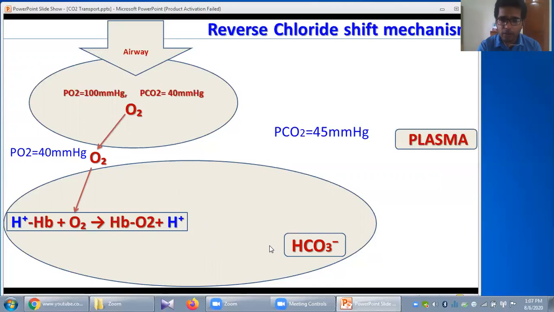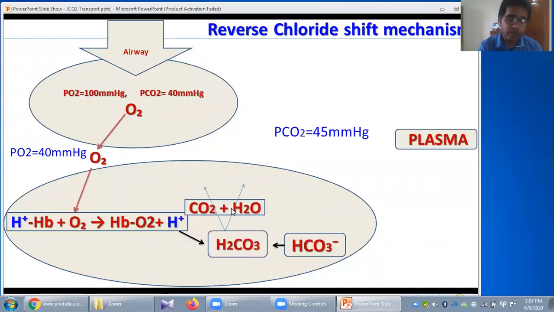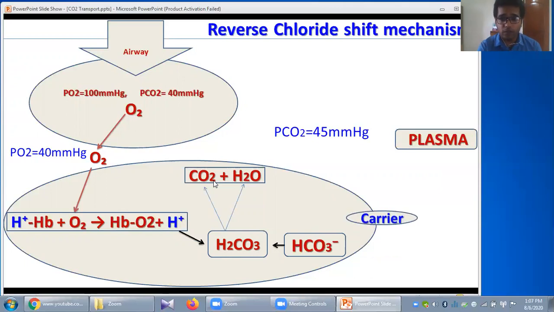Now this hydrogen ion will react with the intracellular bicarbonate ion to form carbonic acid. And you know this carbonic acid will be dissociated into carbon dioxide and water molecules. So now what happened?